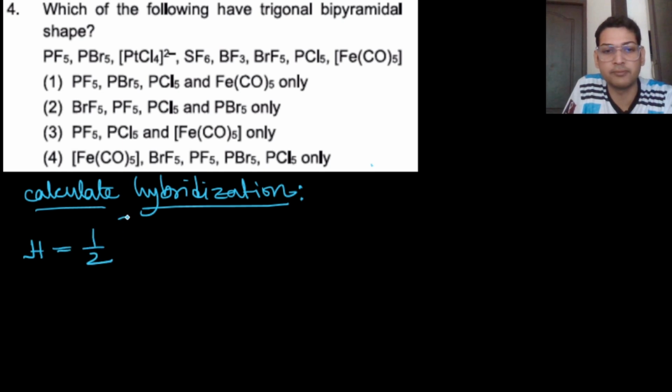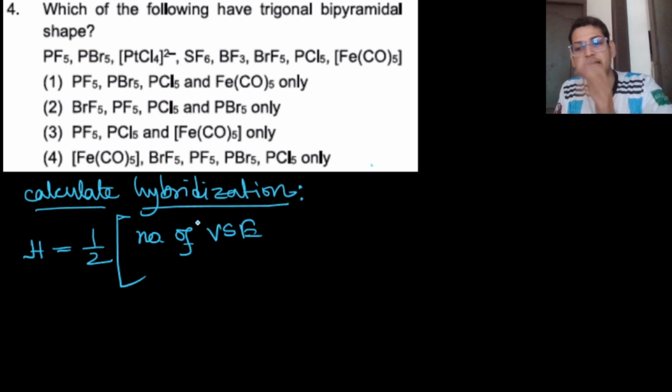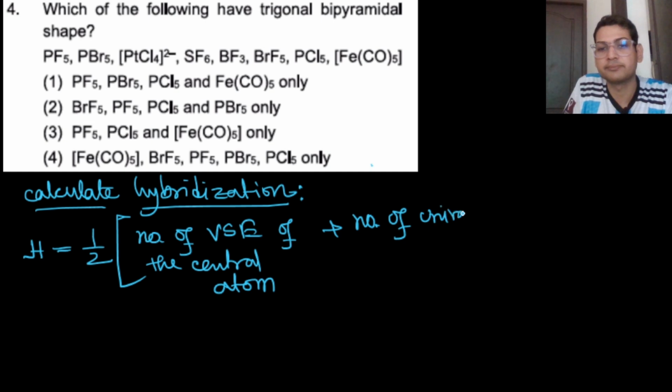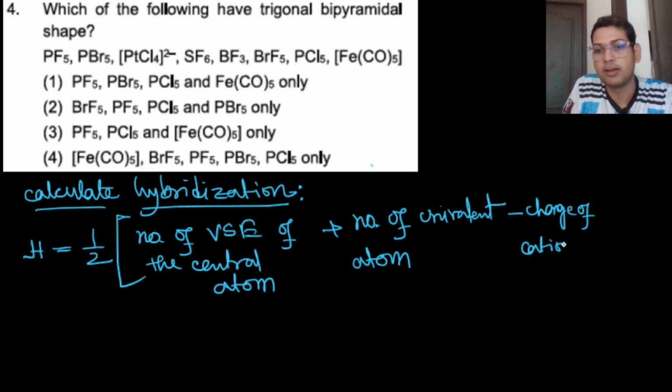H equal to half of number of valence shell electron of the central atom plus number of univalent atom minus charge of cation plus charge of anion.